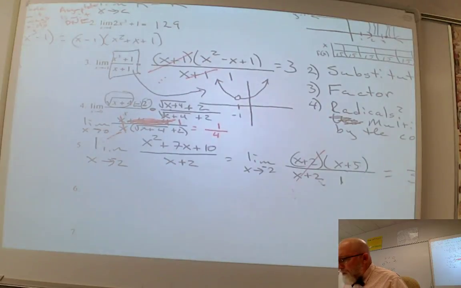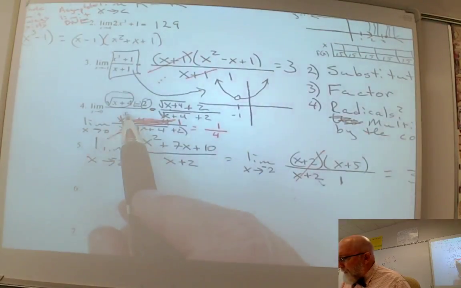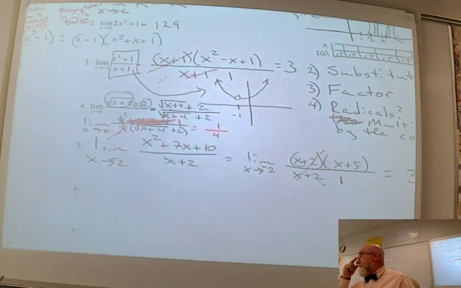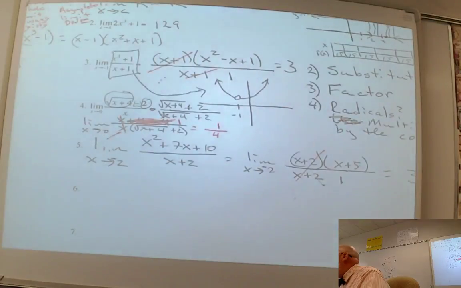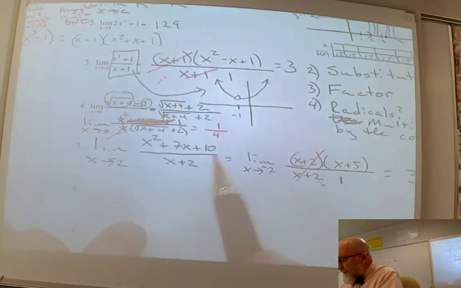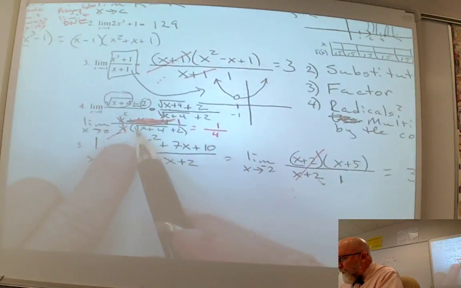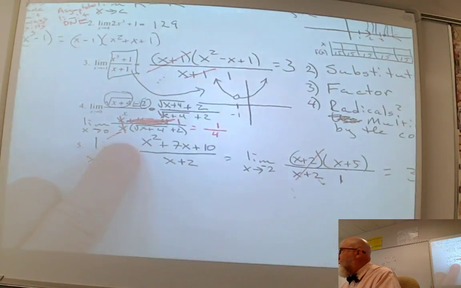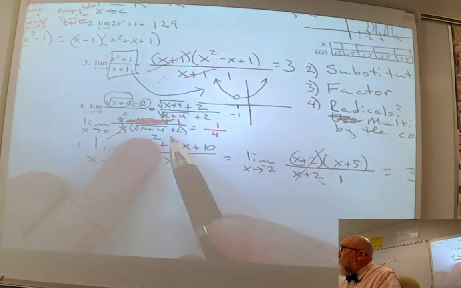That's a great question. You would have a hole at 0. Yeah, 0, because it's only 0 here that makes it problematic, okay? And because you were able to simplify it out of there, there's a hole there, as opposed to an asymptote. And this graph right here, this 1 over the square root of x plus 4 plus 2, whatever it looks like, will be the same graph except there won't be a hole at 0.